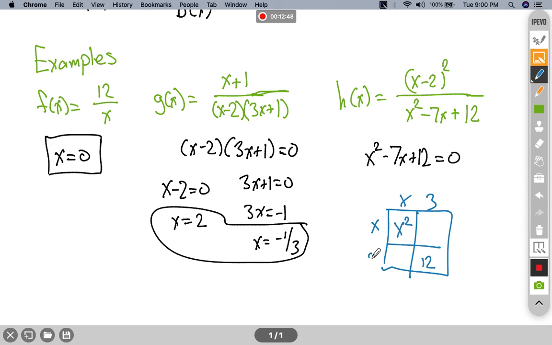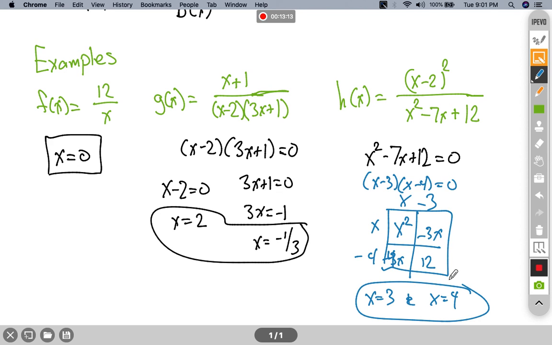So that could be 3 and 4. That's 4x, that's 3x. But it's a negative 7, so I'll make those both negative. So this is x minus 3 times x minus 4 equals 0. So my asymptotes are going to be at x equals 3 and at x equals 4. That's how we find our vertical asymptotes.